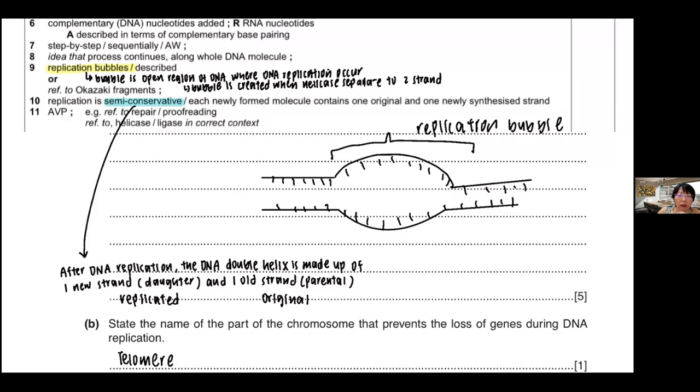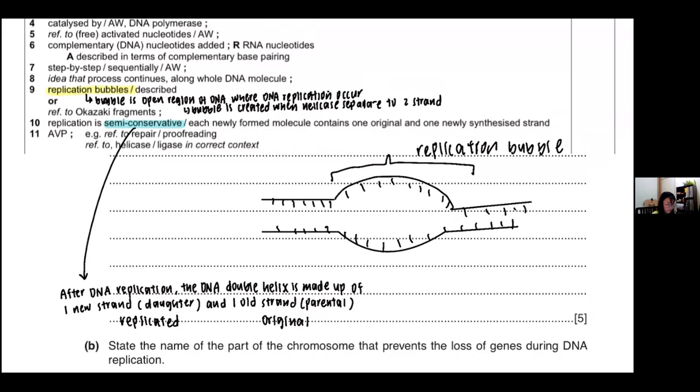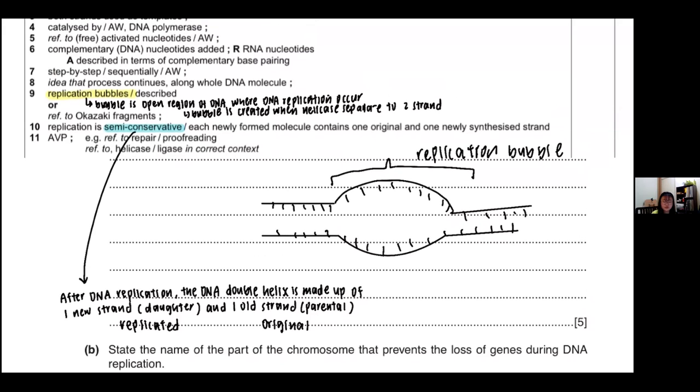What is the purpose of having many replication bubbles in one DNA during DNA replication? When the helicase separates two strands, it creates a replication bubble. So there are many replication bubbles along one DNA molecule. What is the purpose of having many?